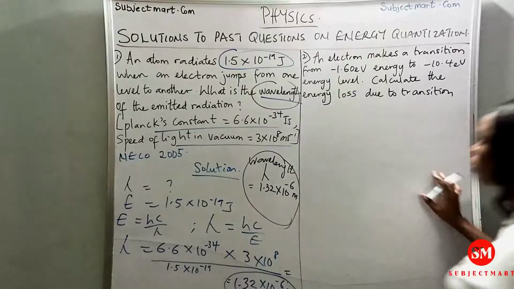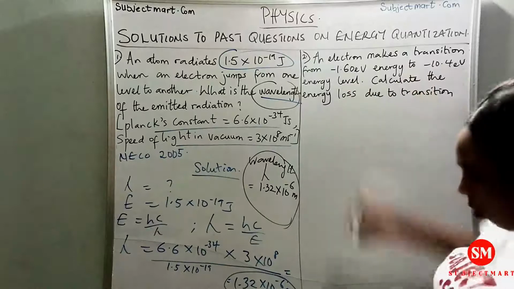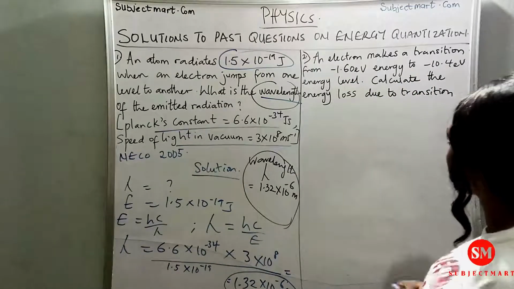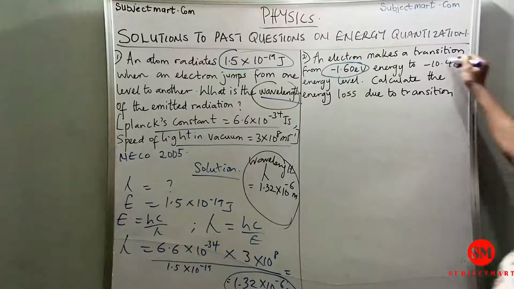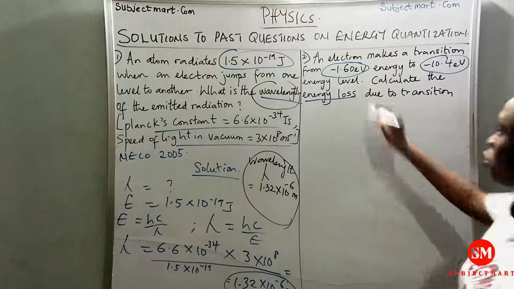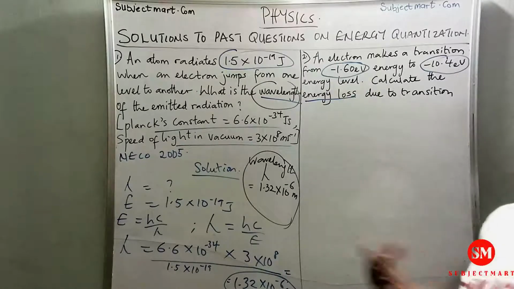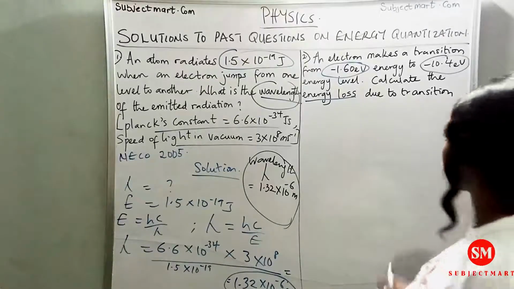Okay, so the second question here says that an electron makes a transition from minus 1.60 electron volts to minus 10.4 electron volts. Calculate the energy loss due to this transition. That is the difference in energy. This one is a very, very straightforward question.